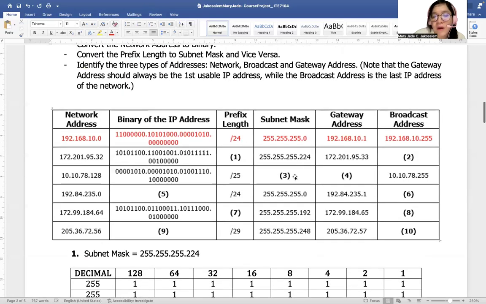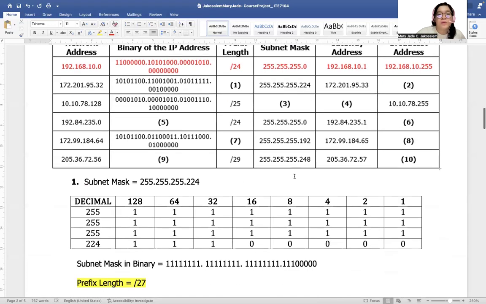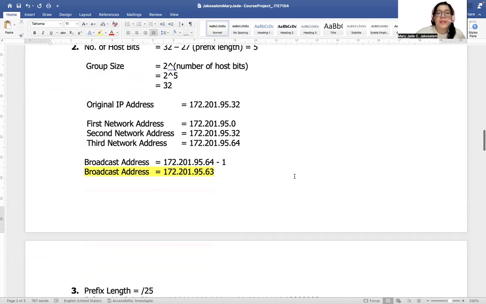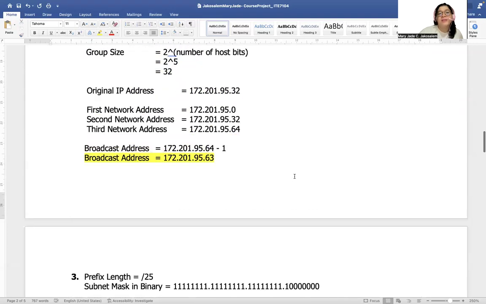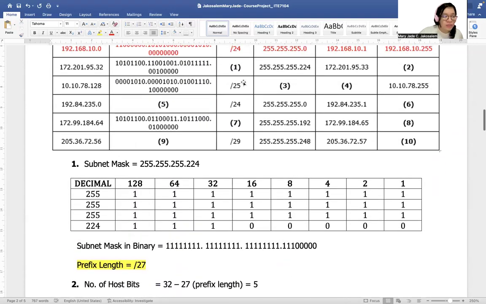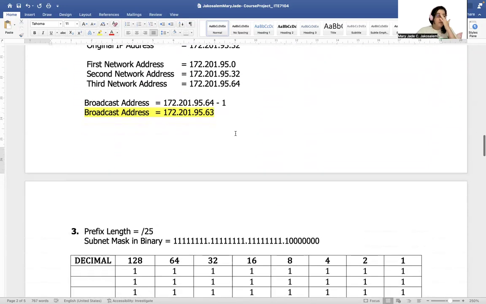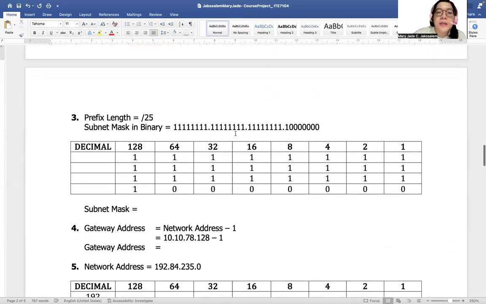Then for number 3, we are required to solve for the subnet mask. How do we do it? We need first the prefix length because it helps us determine the subnet mask. Our prefix length is 25.